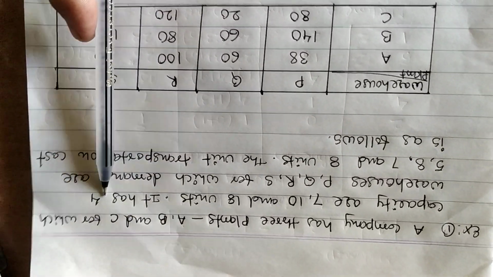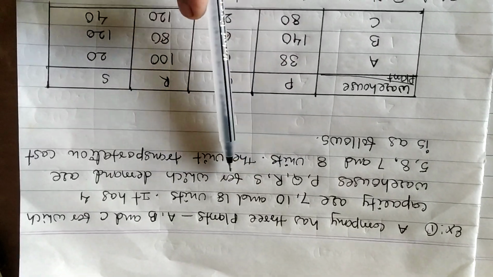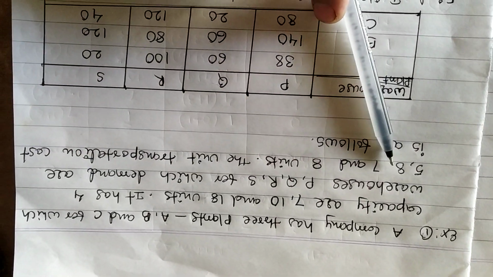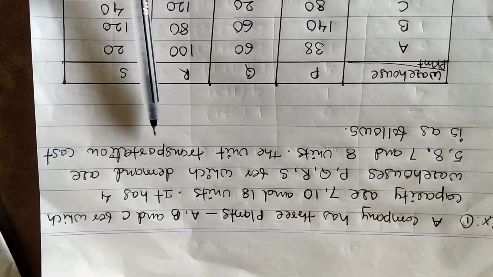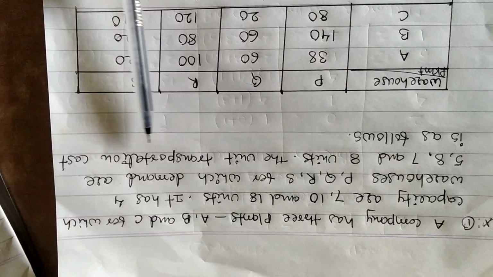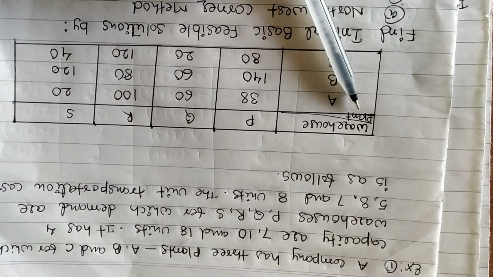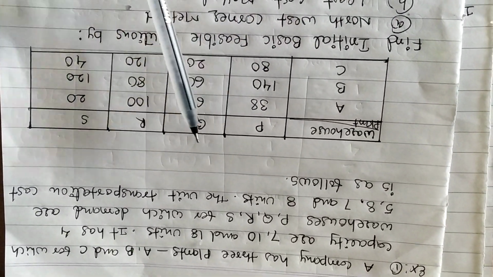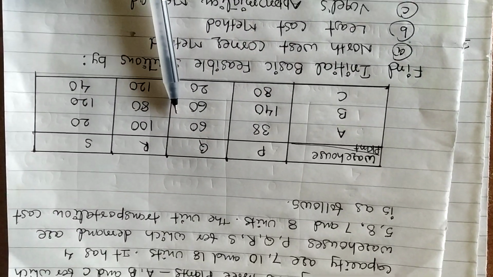It has 4 warehouses P, Q, R, S whose demands are 5, 8, 7 and 8 units. The unit transportation cost between the plants A, B, C and the warehouses P, Q, R, S is given as follows.